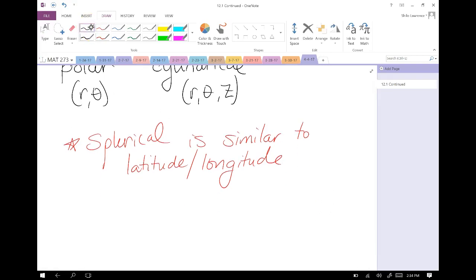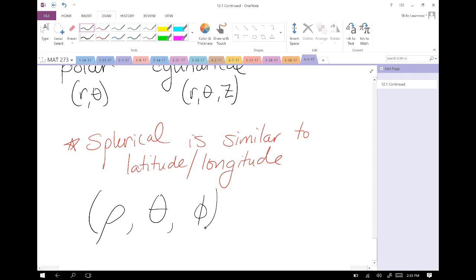So spherical is specifically for 3 dimensions. It doesn't have a 2-dimensional counterpart the way that polar and cylindrical do. The coordinates are rho, theta, and phi.